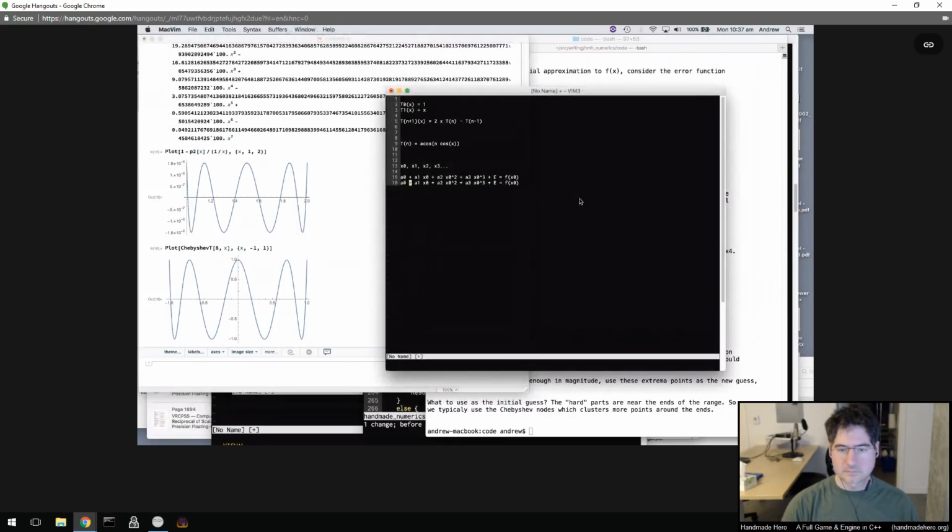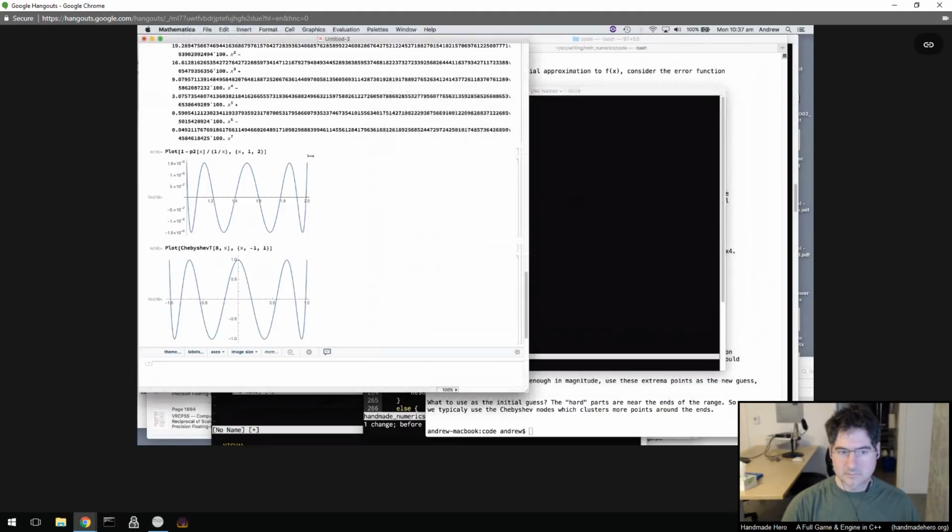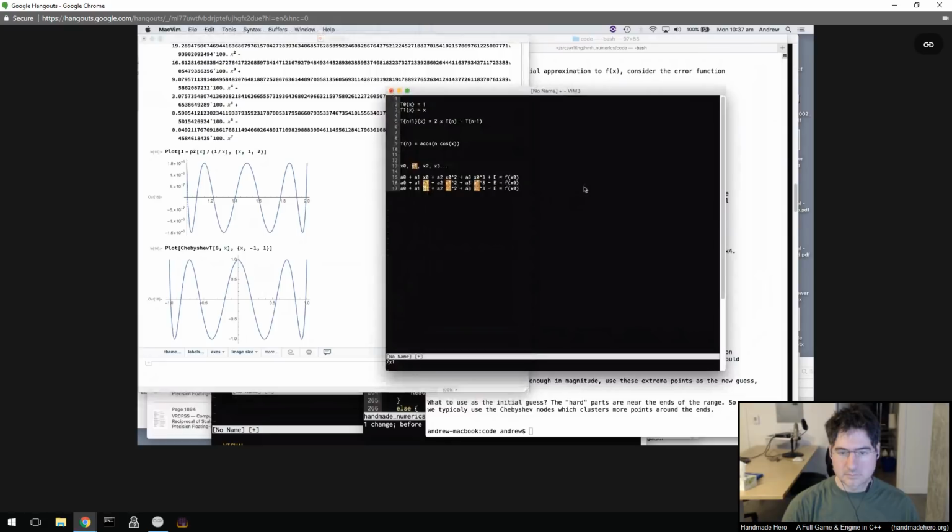And then at the next point, x1, the error is minus e, because it's the same magnitude and the opposite sign. And then we just keep going for the next one, and that's plus e, because the next one is the next sign.